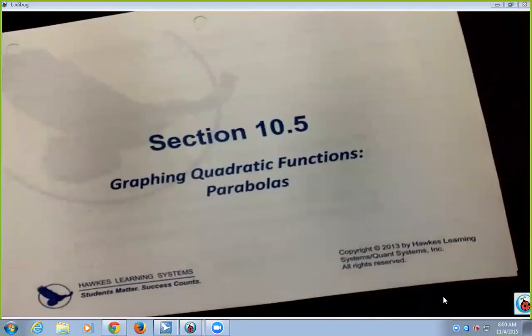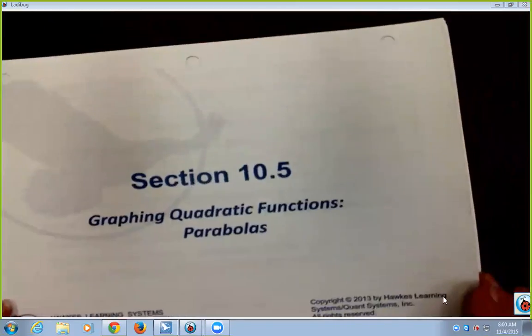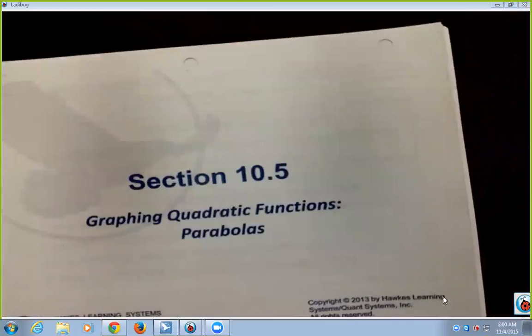So today we're going to look at graphing quadratic functions, and that's getting into looking at the parabolas. And we've talked briefly about parabolas. We said back in 10.1 that when we were finding the intercepts in there, we were looking at where that graph ended up crossing the x-axis.